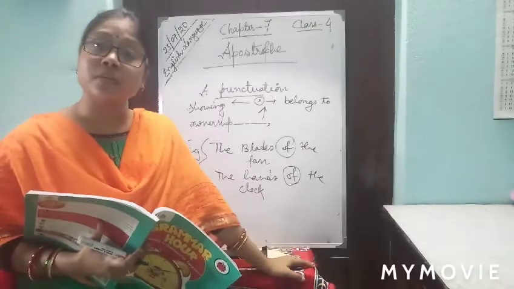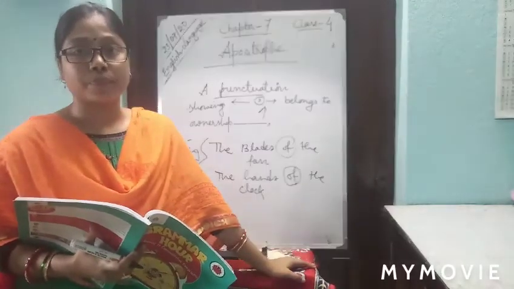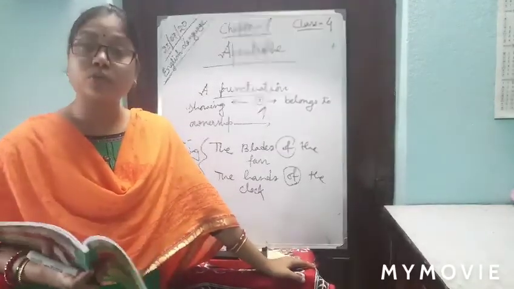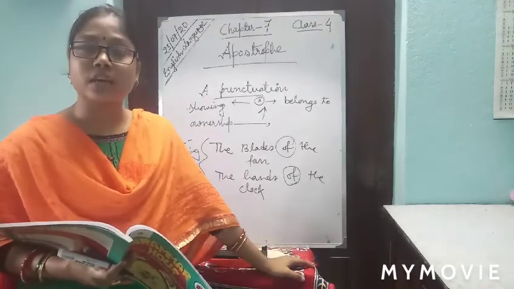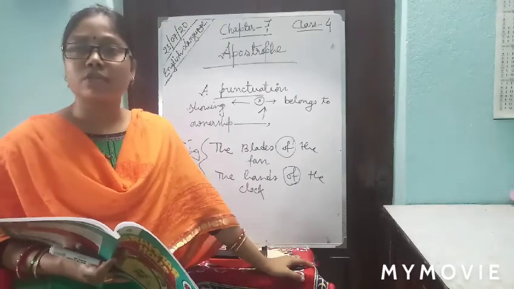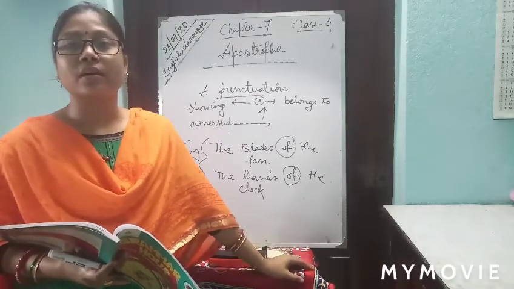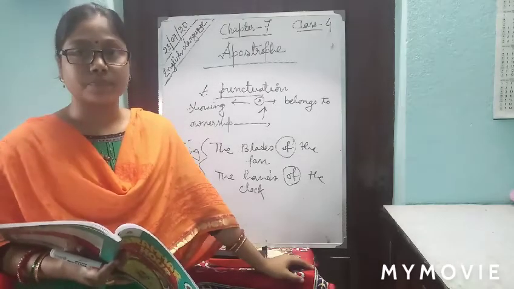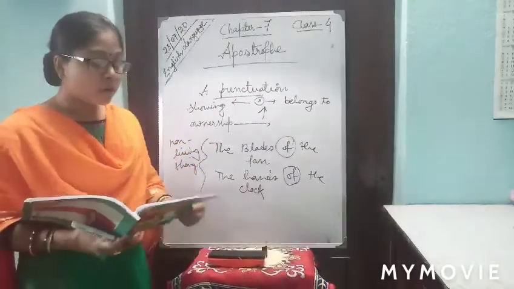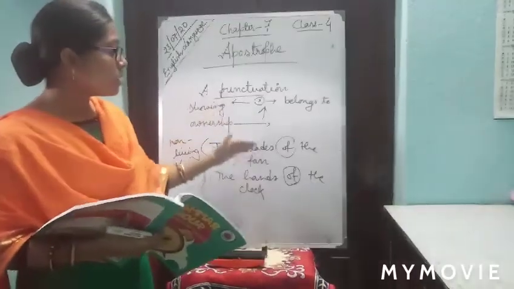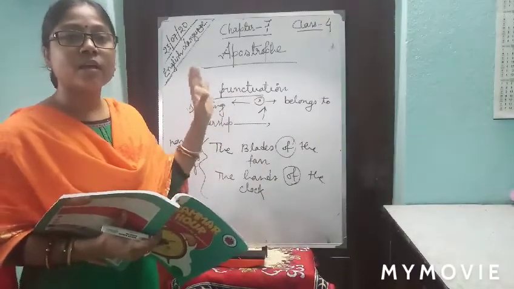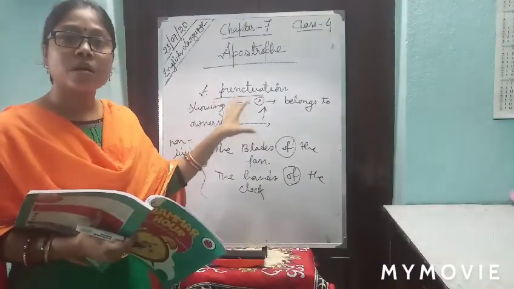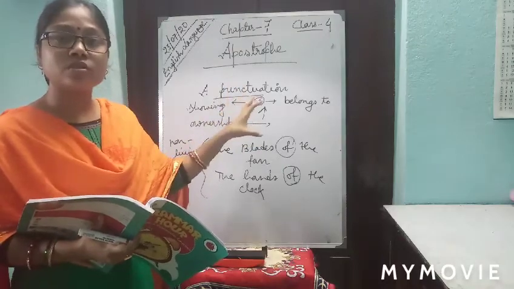For living beings we are using the apostrophe. So we have to be very careful to see where we can use an apostrophe. Many rules and regulations are there. After that we'll get a chart where the rules related to the apostrophe are written. First, what is the punctuation here?